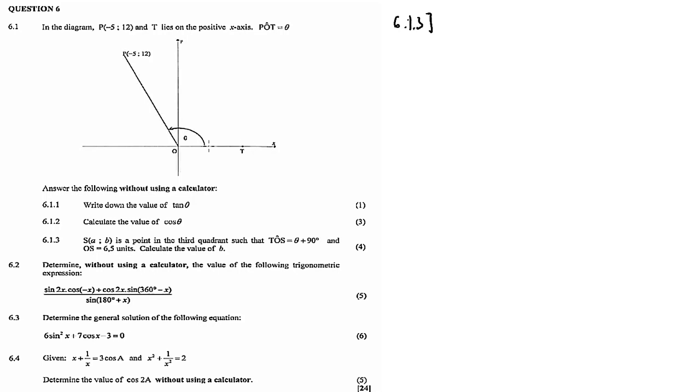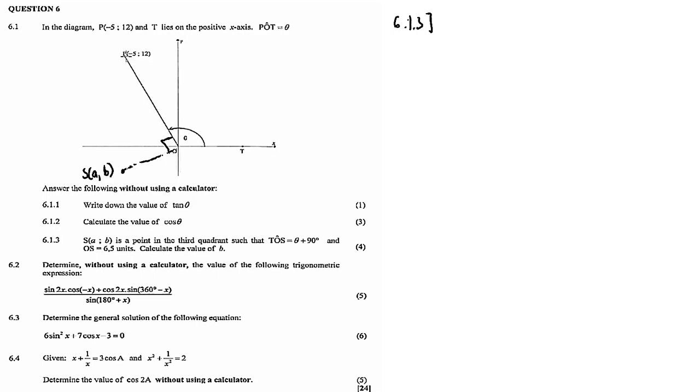Right, now what is it? I think I'll try to plot this thing. So this is S, A, B, and then here it's 90 degrees, because TOS is theta plus 90 degrees.